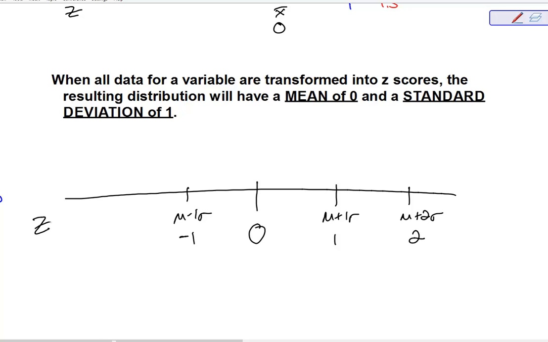These are for z-scores. So z-scores are positive and negative, and they usually range between about a 4 and a negative 4. They can go larger or smaller, but most of the time we try to keep them between a positive 4 and a negative 4. Okay?